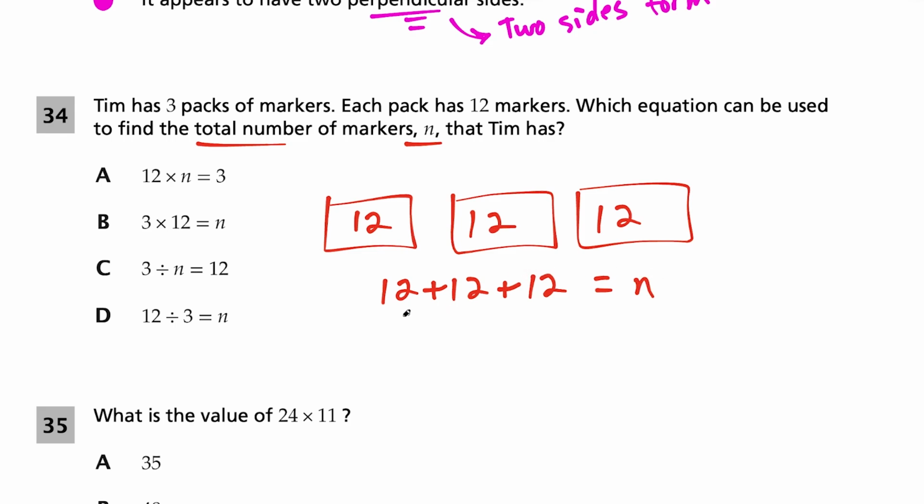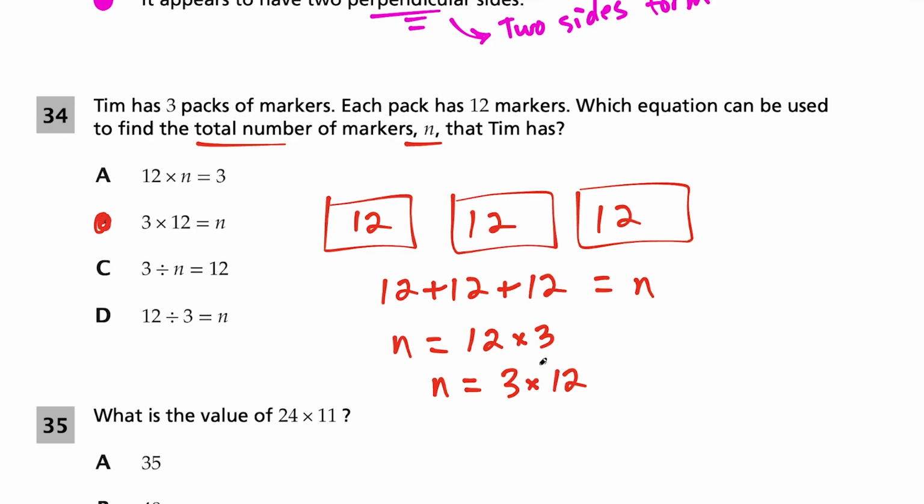But remember, repeated addition is multiplication. So I could say n is equal to 12 plus 12 plus 12, or I could say that n is equal to 12 times 3. Now, one thing we need to know about multiplication is that the order does not matter. I could say n equals 12 times 3, or I could say that n is equal to 3 times 12. So now I just look through the answer choices here, and I can see that 3 times 12 equals n matches what we have here.